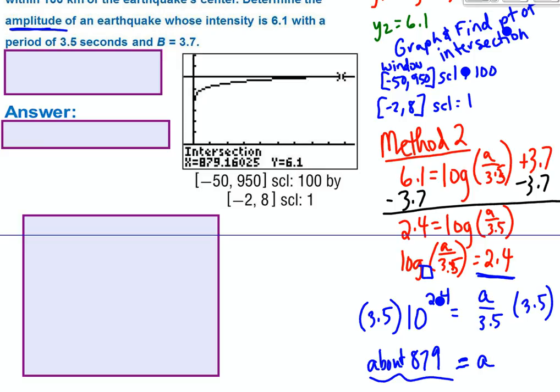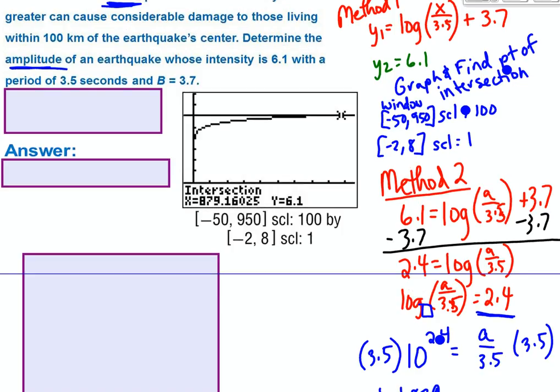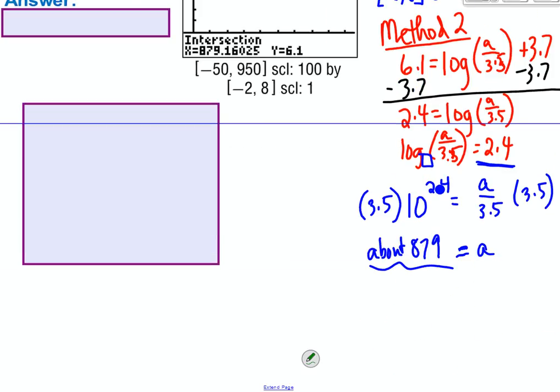And so that is the amplitude. Our directions were to determine the amplitude of an earthquake whose intensity is 6.1 with this other information given. So the amplitude of the earthquake is about 879 microns.